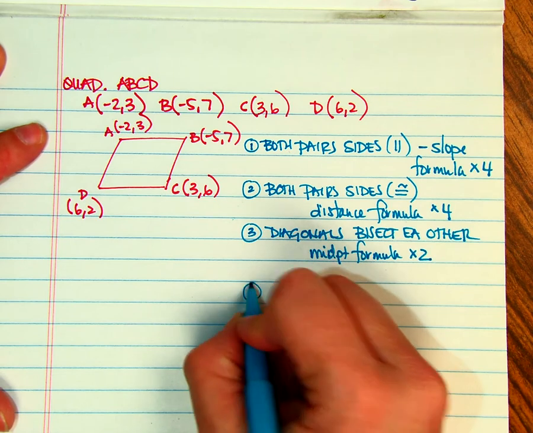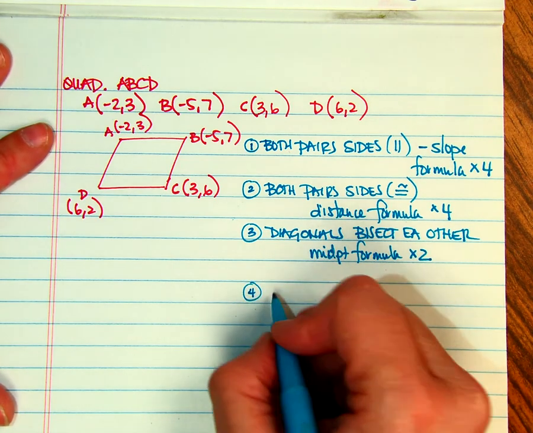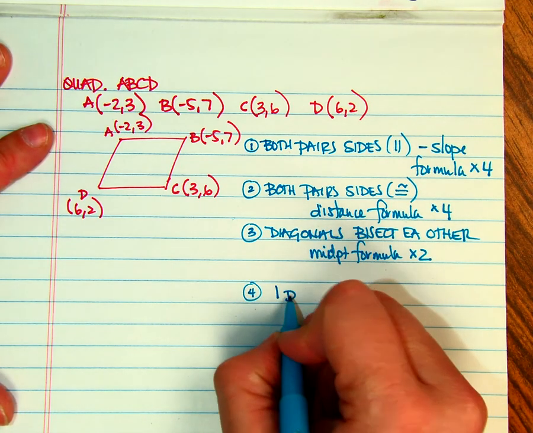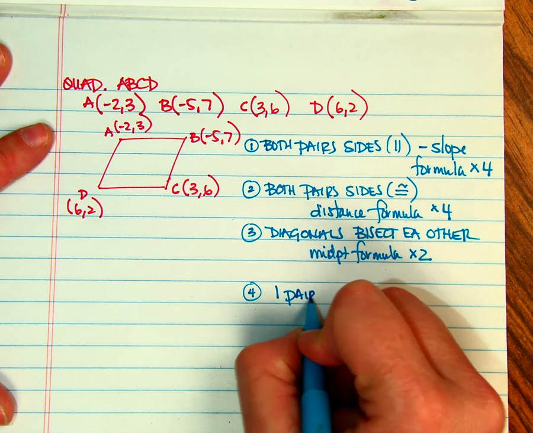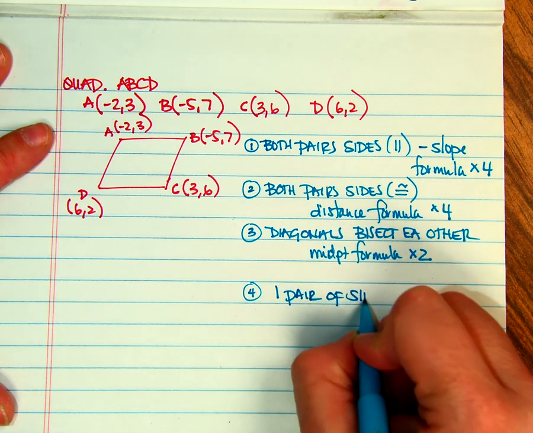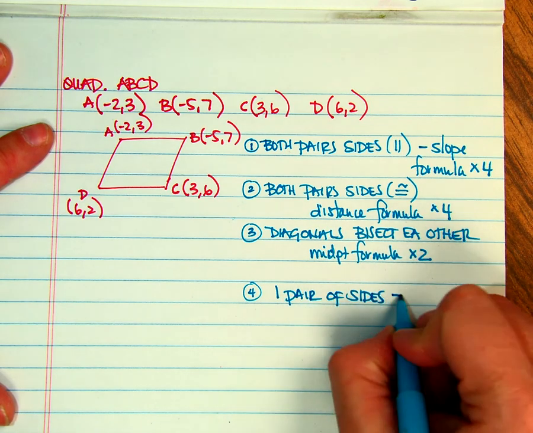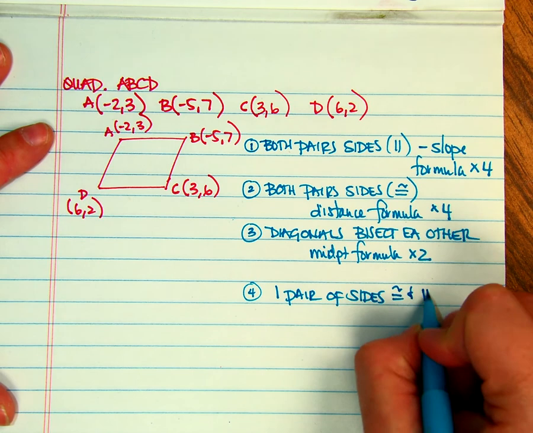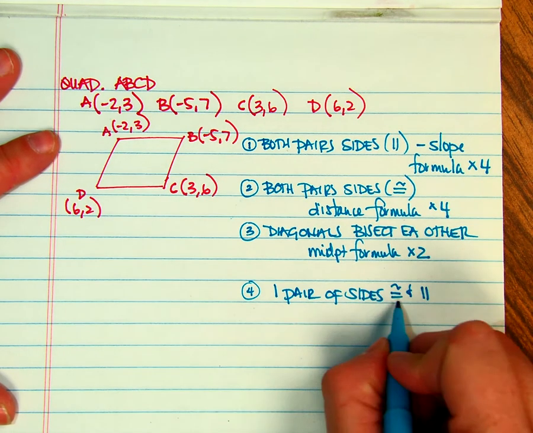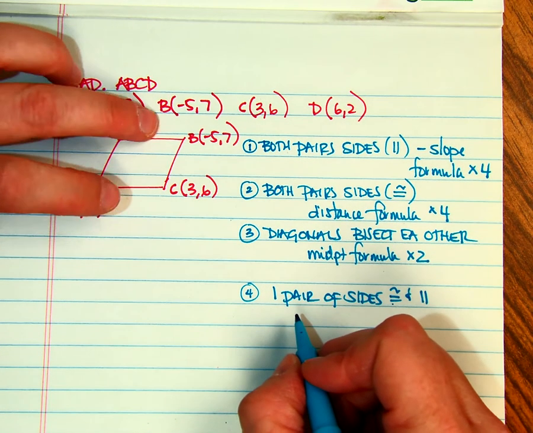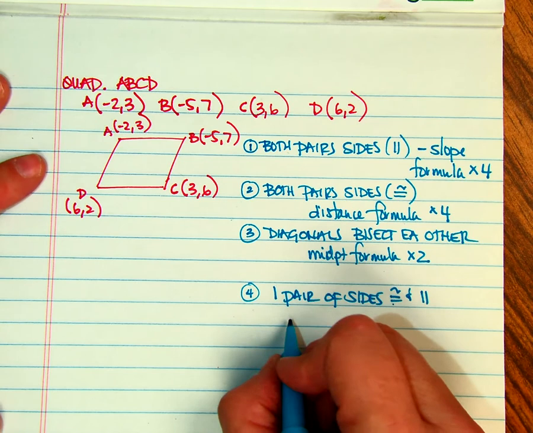Or I could find that I have one pair of sides congruent and parallel. So that means that I have to use the distance formula twice, once for each line.